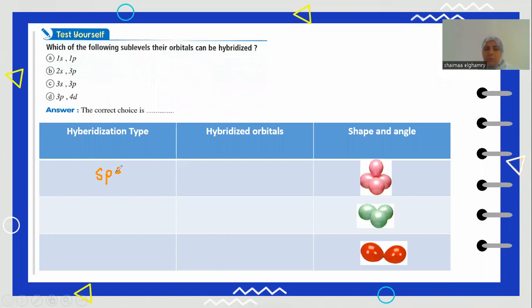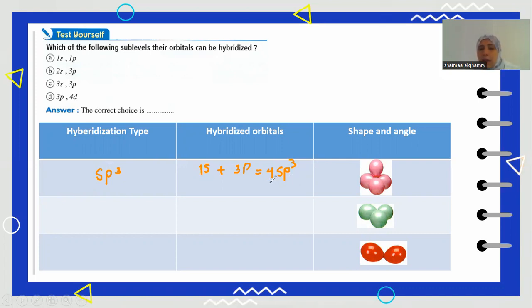In sp3 hybridization, the hybridized orbitals come from one orbital from S plus 3 orbitals from P. So the total orbitals that we have finally are 4 hybrid orbitals, all of them have the same name, which is sp3. So sp3 hybridization type means 1 orbital from S and 3 orbitals from P.